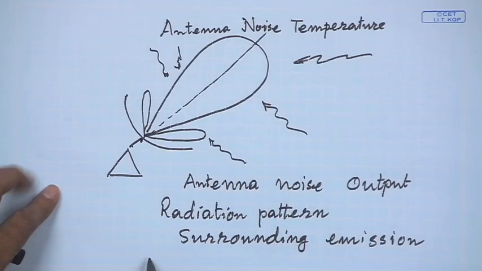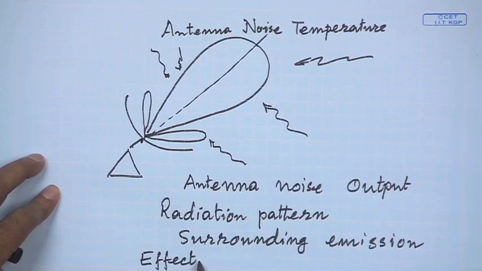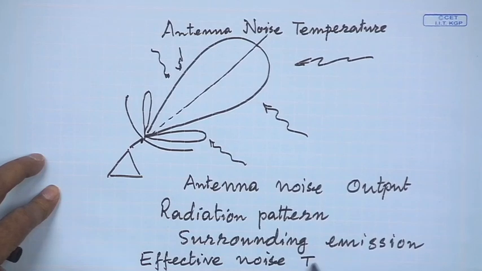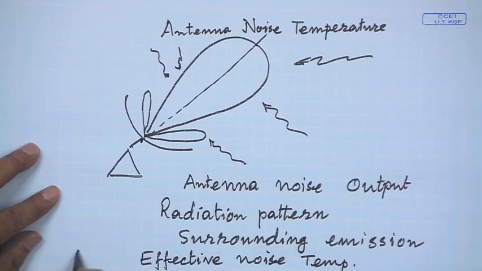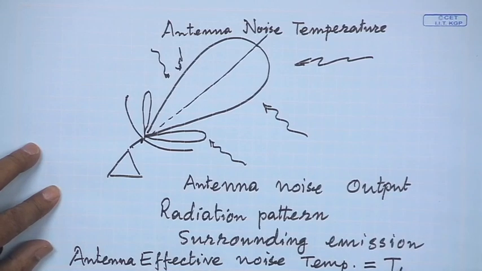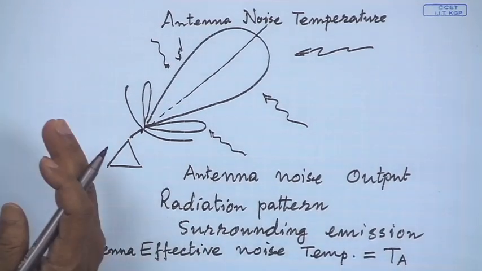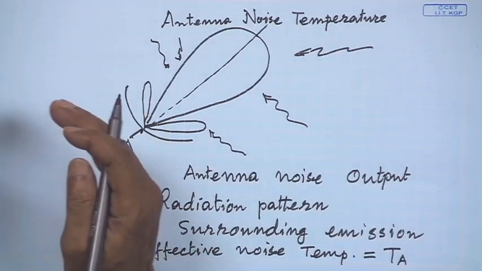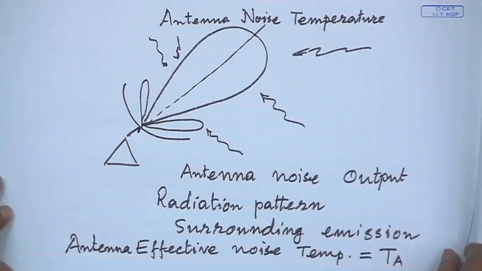We can call it an effective noise temperature, as we have seen in the other parts of the receiver. And since it is on the antenna, let us term it T of antenna. It is as if an equivalent noise resistance or noise source is there, which has an effective noise temperature appearing at this point. So, the whole thing is modeled now.